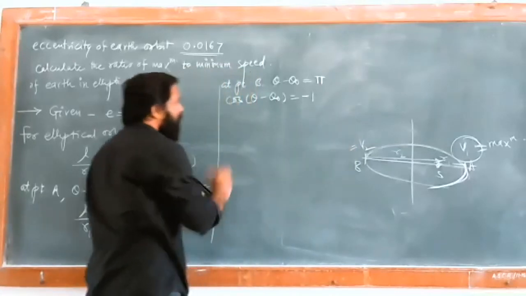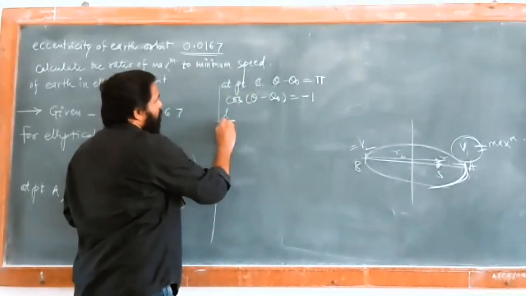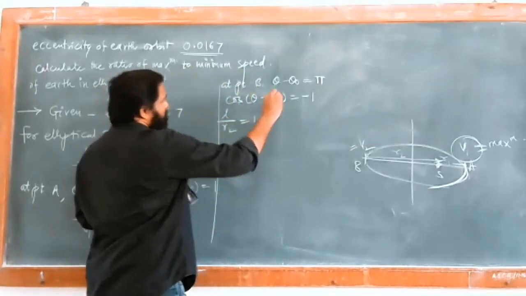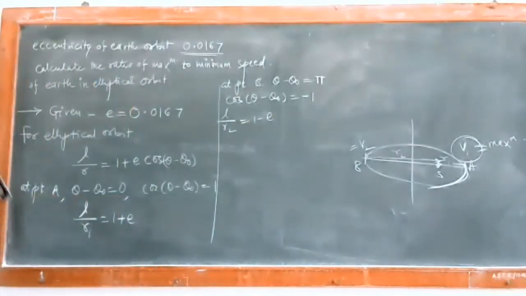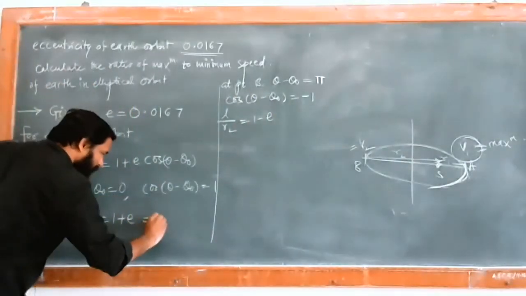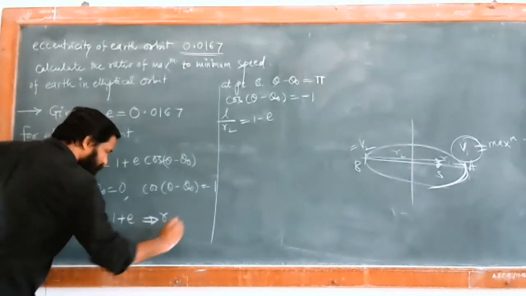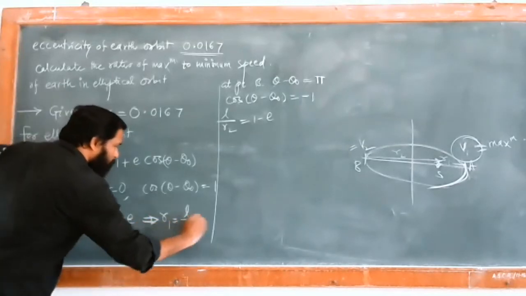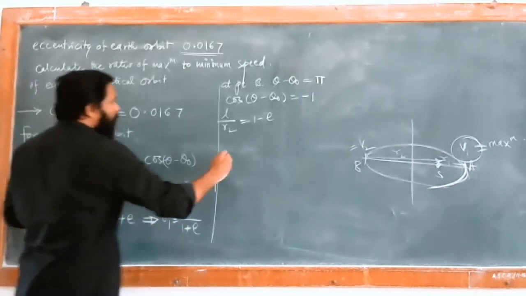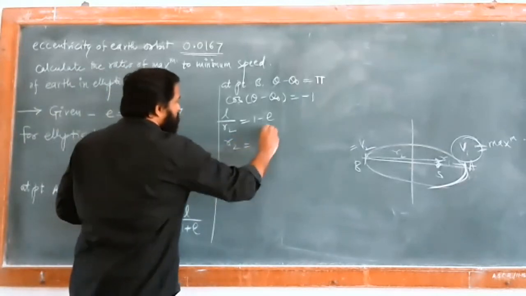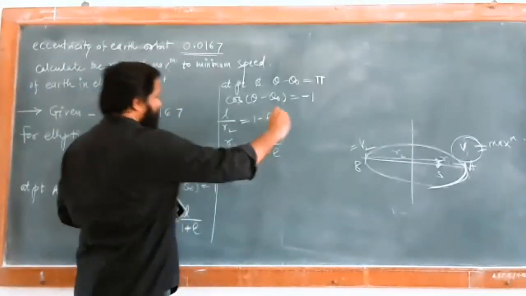And so we can write L upon R2 is equal to 1 minus e. So we can have 2 points: R1 is equal to L upon 1 plus e, and R2 is equal to L upon 1 minus e.